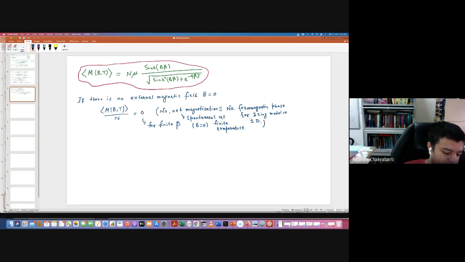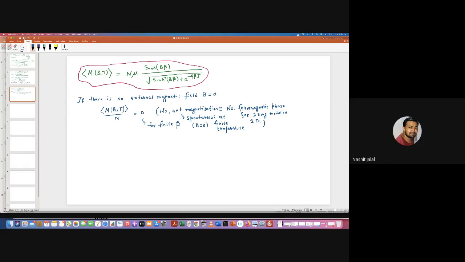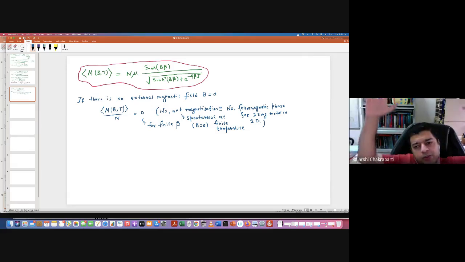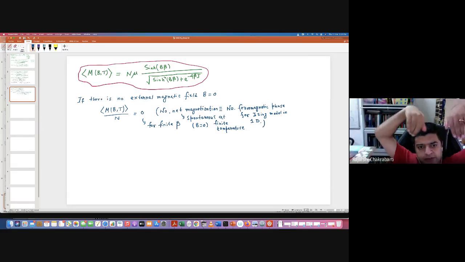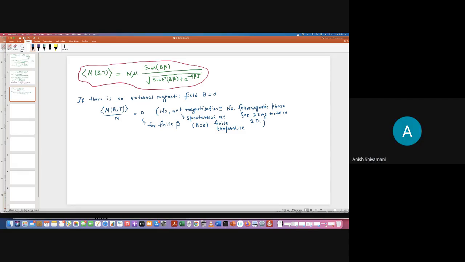What do you mean by ferromagnet? What is a ferromagnet? The spins would align either upward or downward. Either all the spins are up or all the spins are down. So what will be the average magnetization for a ferromagnet? Magnetic moment of one spin?